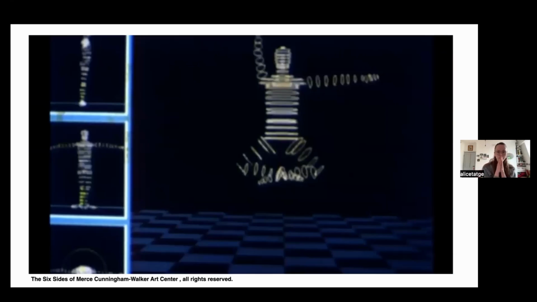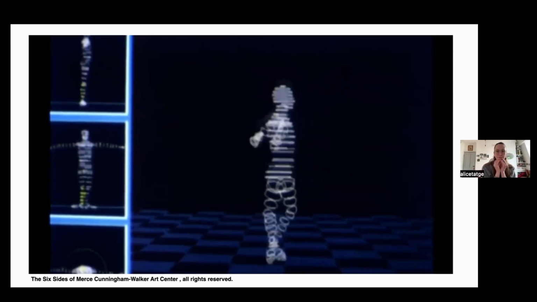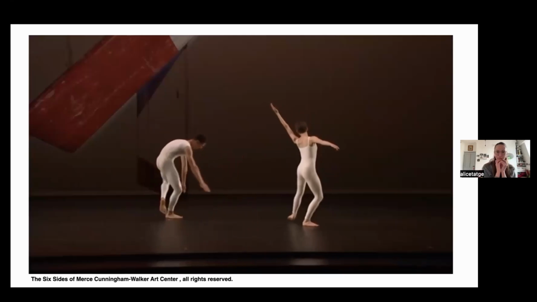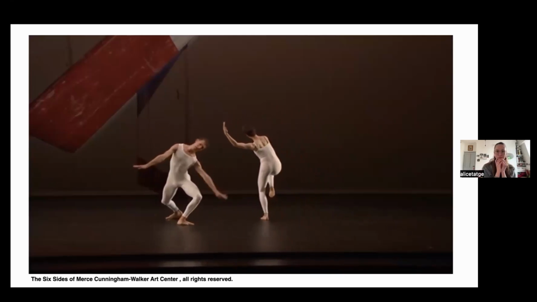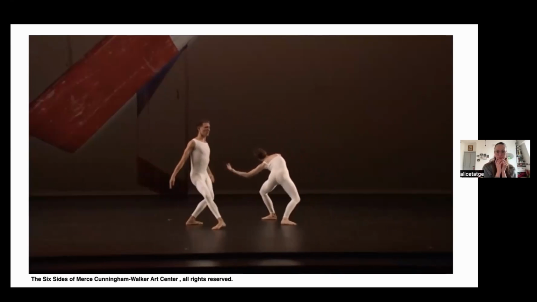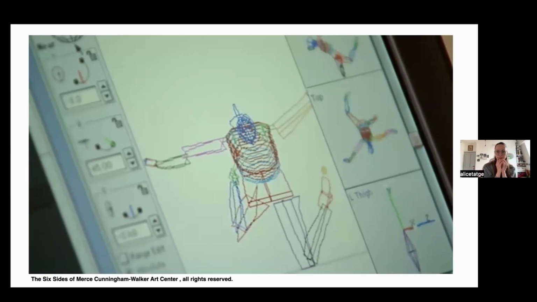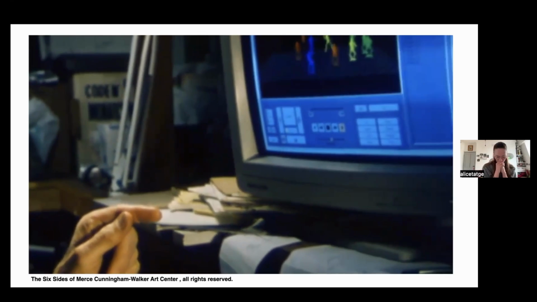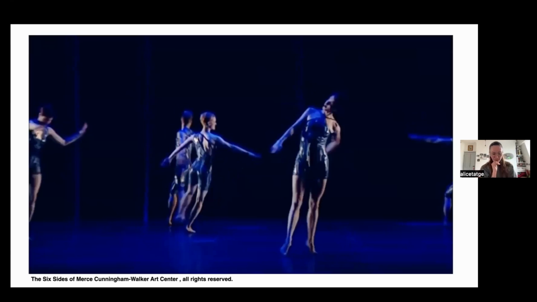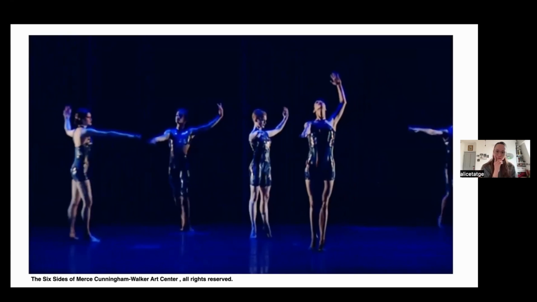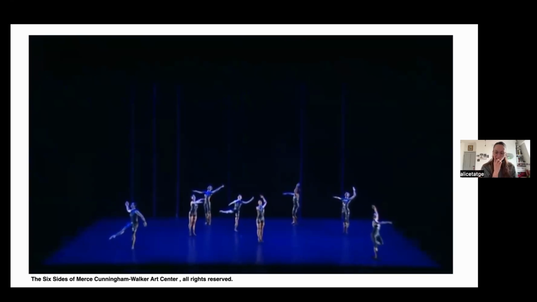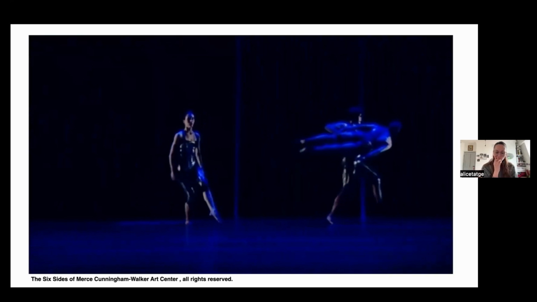These tools allowed him to sculpt, animate, and choreograph dance in entirely new ways and reimagine his understanding of the human body. In the 1990s, Cunningham pioneered the use of the computer as a choreographic tool. The software Dance Forms could model and animate the human form, allowing Cunningham to visualize sequences and phrases of dance on screen, which he would then translate to a dancer's body.